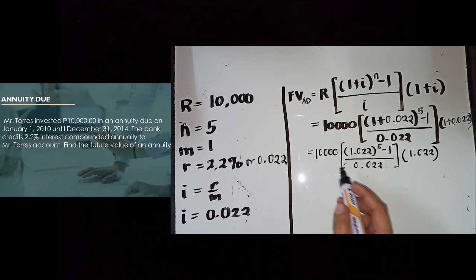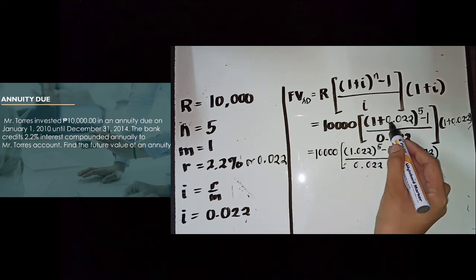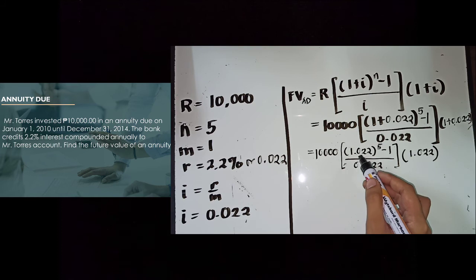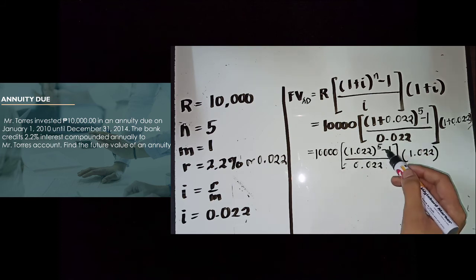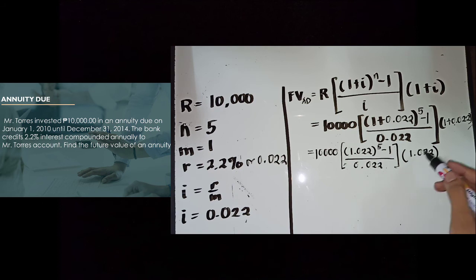Okay, so again, 10,000, then multiply by 1 plus 0.022 which is 1.022, then raised to 5 minus 1 over the denominator, then multiply by 1 plus 0.022 which is equal to 1.022. Okay, so next, input lang natin siya sa calculator.